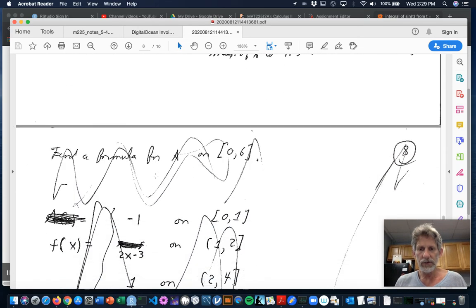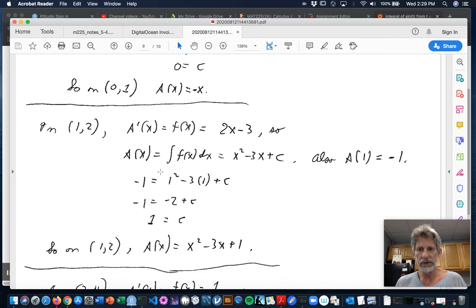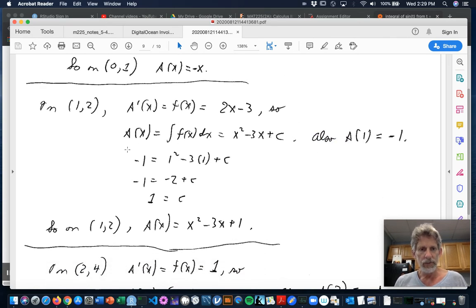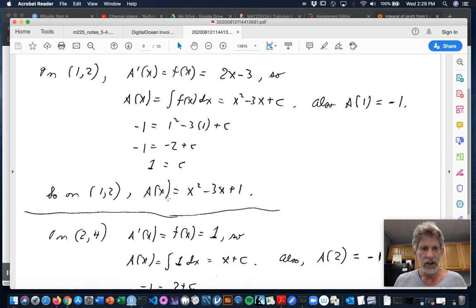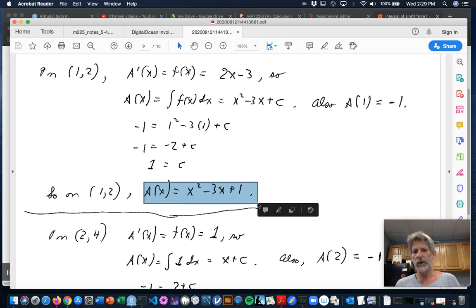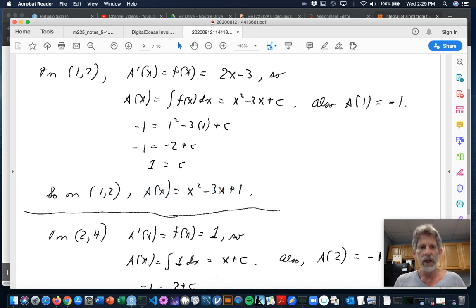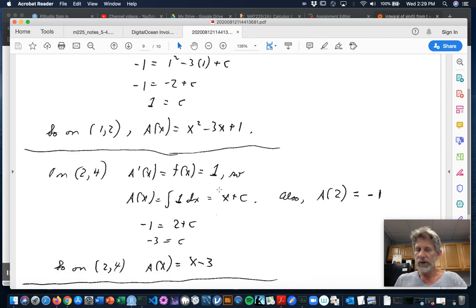So A of 1 is -1. Ta-da. So -1 is A of 1, but that's also what you get by plugging in 1 for x in the formula for A of x. Now we have an equation for c that we can solve, and we get c as 1. So between 1 and 2, the formula for A of x turns out to be x squared minus 3x plus 1. You can continue this kind of reasoning.